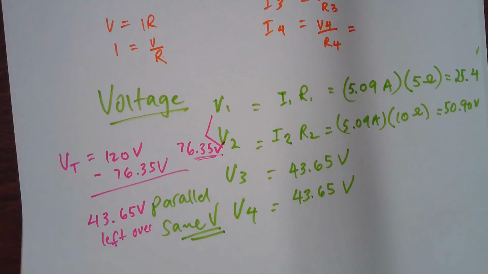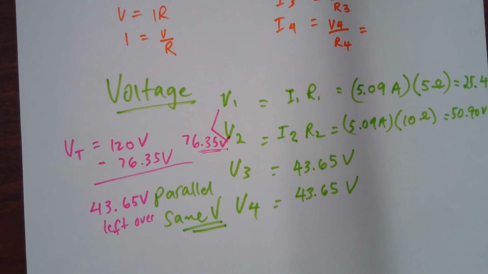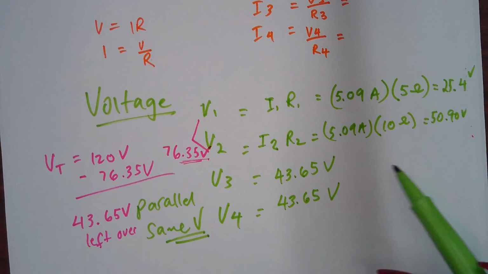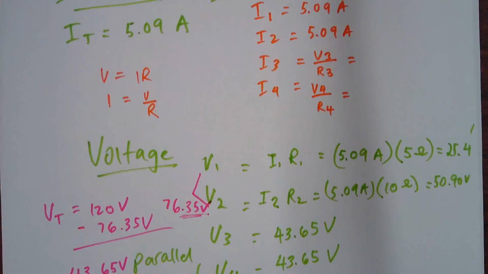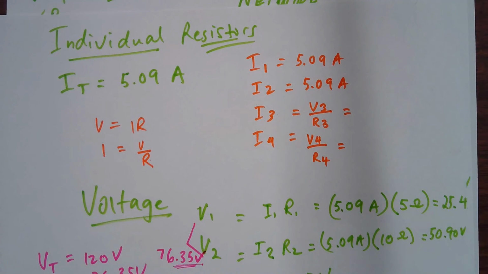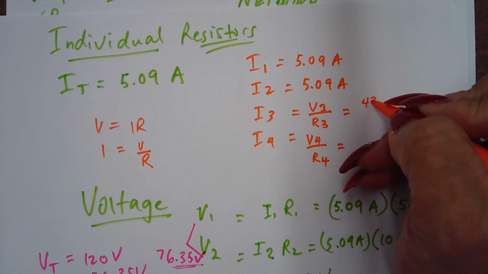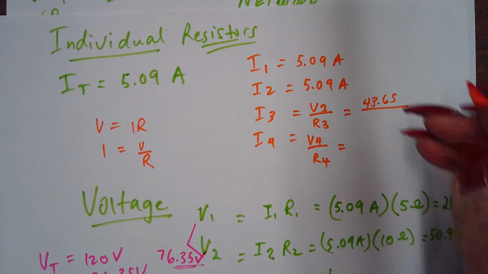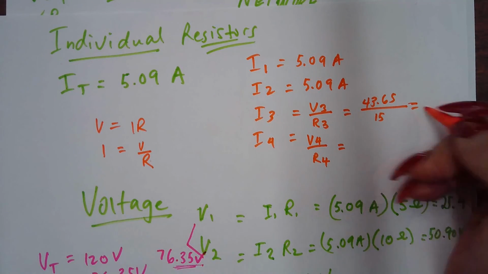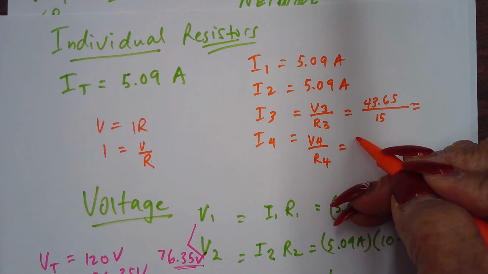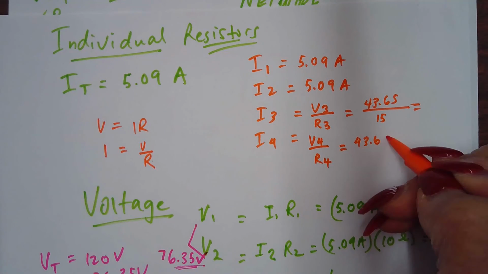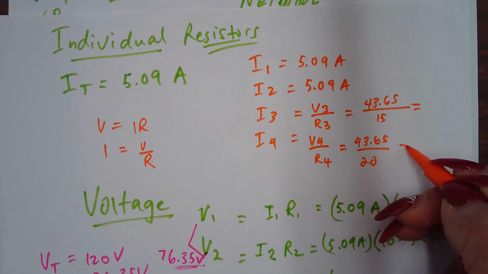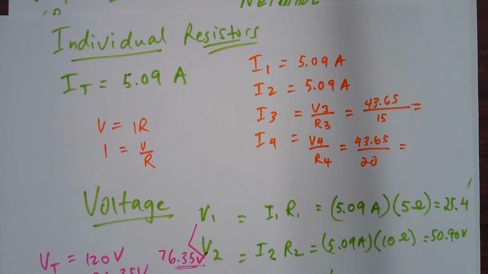All right. So we have just analyzed the individual volts right here, done. Then we can go back and analyze the individual current. Okay, so V3, you now have 43.65 divided by, what is our R3? 15. Okay, that will give you the I3. And this one here is 43.65 divided by 20, and that will give you the I4.